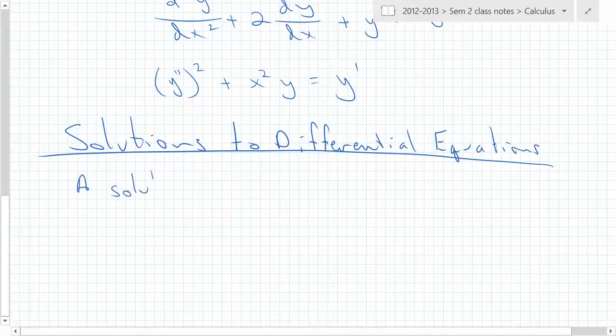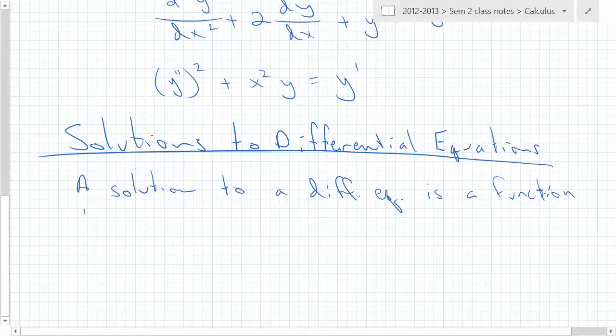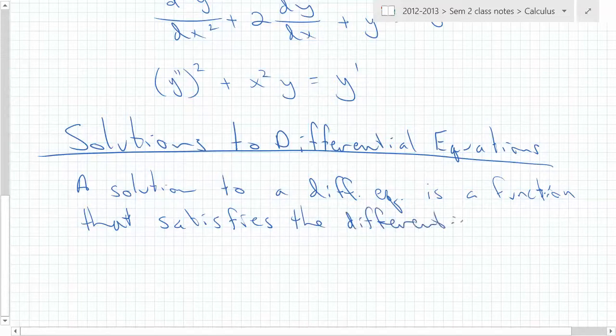A solution to a diff EQ is a function that satisfies the diff EQ.